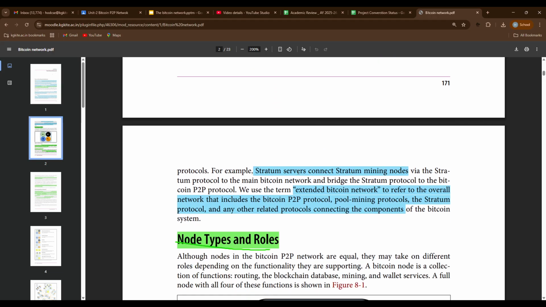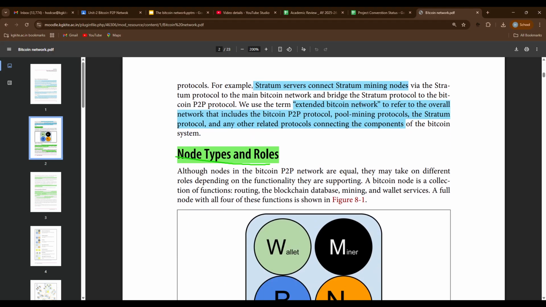So these Stratum servers connect to Stratum mining nodes via the Stratum protocol. When we use the term extended Bitcoin network, it means the overall network where it could be using P2P, or pool mining, or the Stratum protocol, or any other protocol. We call it an extended Bitcoin network.